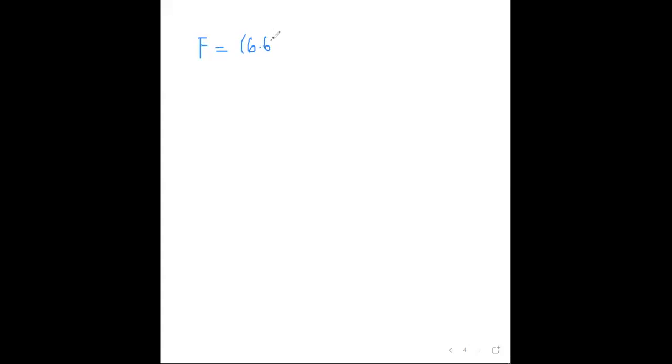So it's 6.674 times 10 to the negative 11. Then you multiply this by 1.8 times 10 to the 8, and then you do that again, so times 1.8 times 10 to the 8.